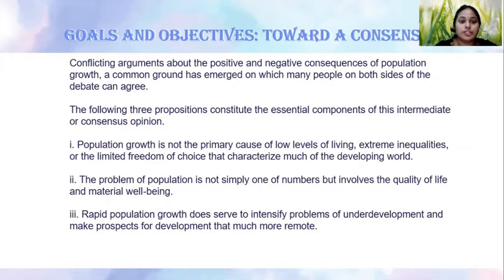The second proposition is that the problem of population is not simply one of numbers, but involves the quality of life and material well-being. The last is that rapid population growth serves to intensify problems of underdevelopment and makes prospects for development that much more remote.